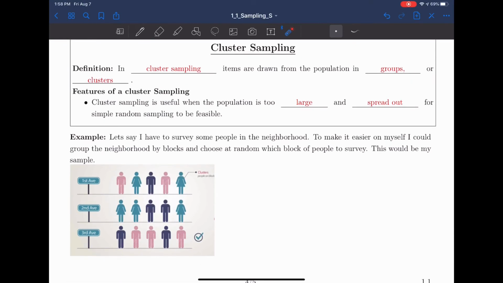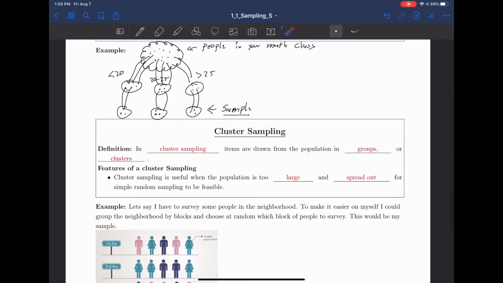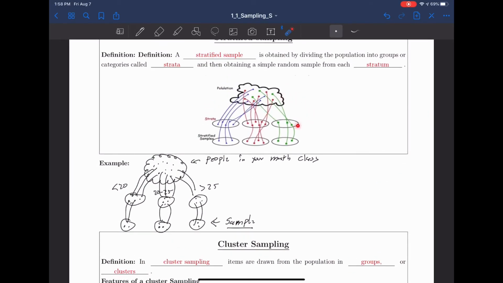So let's do a quick example here. Let's say you want to do a survey in a neighborhood, and you decide to group the people up into their streets. So these are all the people in First Avenue. This is all the people in Second Avenue, and then this is all the people in Third Avenue. So very similar to what we did here, where we kind of group them up into categories.